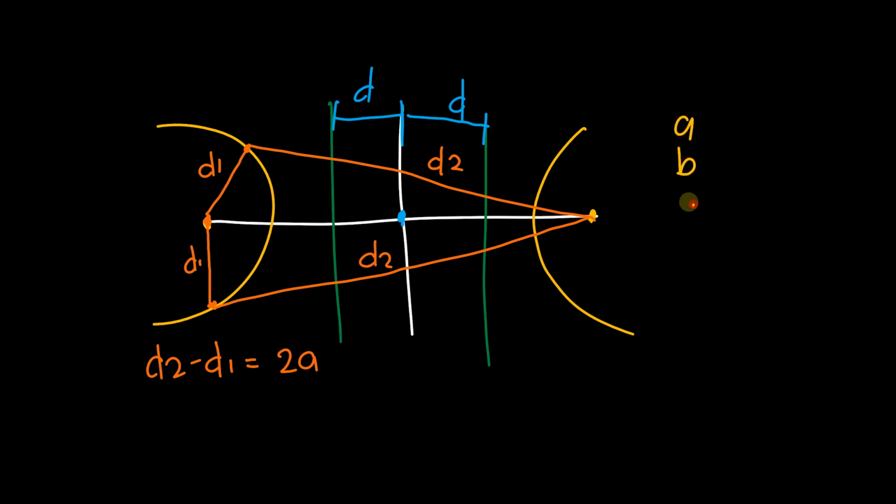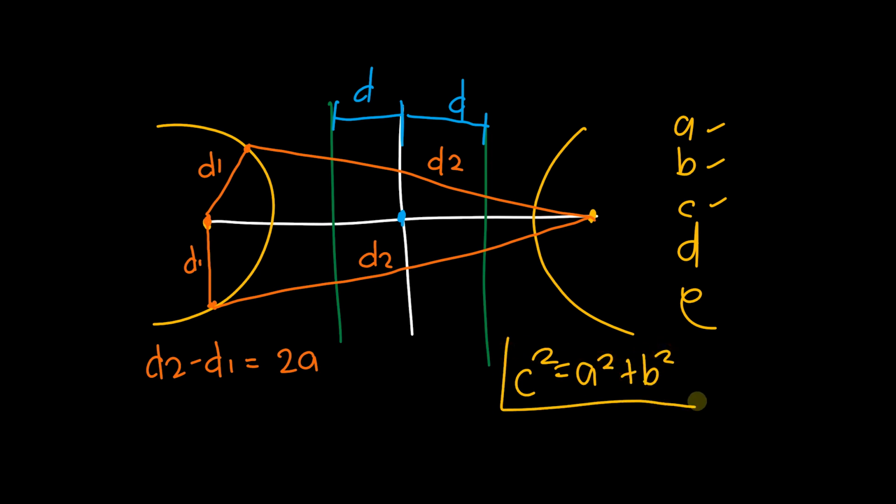So, A, B, C, D, E. We have covered A, B, and C. By the way, for C, in the ellipse, A, B, C have a relationship. Here, you relate A, B, C in one equation. The formula is C squared is equal to A squared plus B squared.